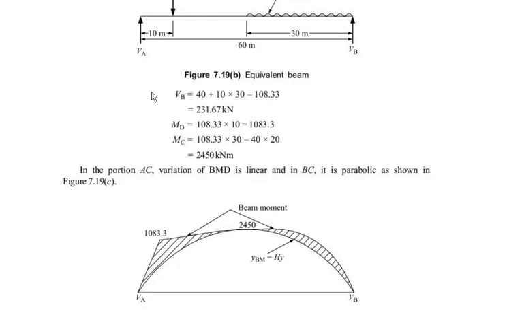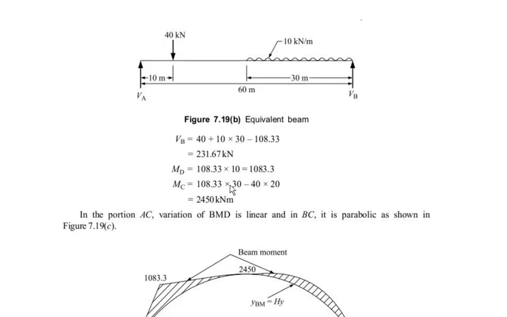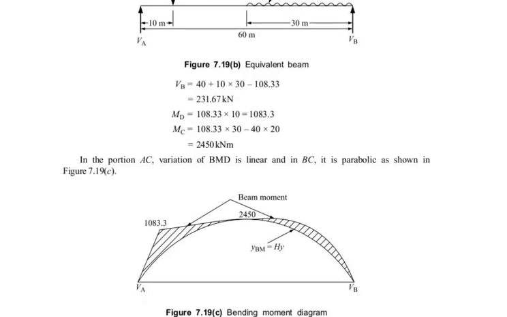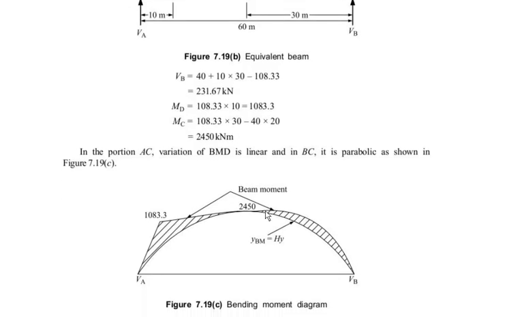So now we have calculated the moments about point C and point D in the equivalent beam. So these are the values. Now how to draw the bending moment diagram. So we know that in the portion AC or up to the center of the span, variation of BMD is linear because there is only a single concentrated load.